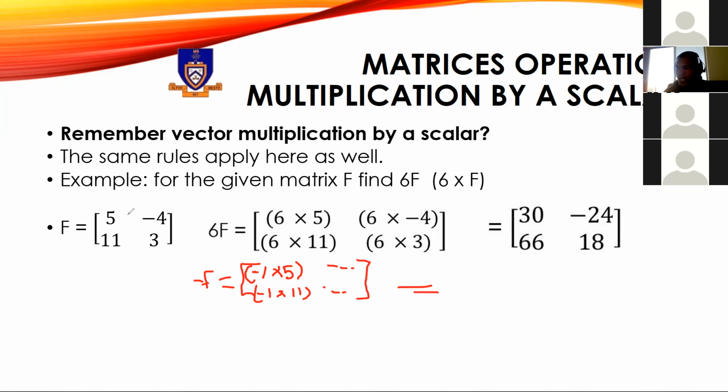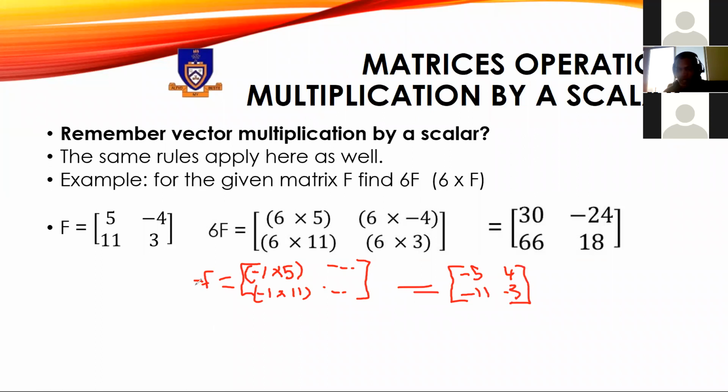And we will basically end with sort of a type of, it's not an inverse, but it's also not an opposite, because that's something that we will look at later on. But all the elements inside, the signs has changed. So we will have a negative 5, we will have a positive 4, we will have a negative 11, and we will have a negative 3, okay?